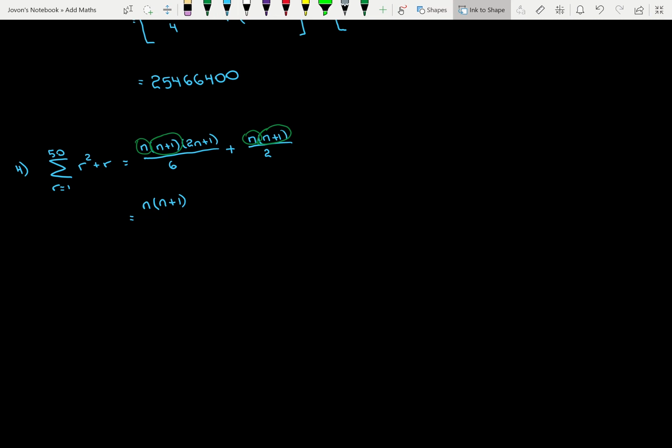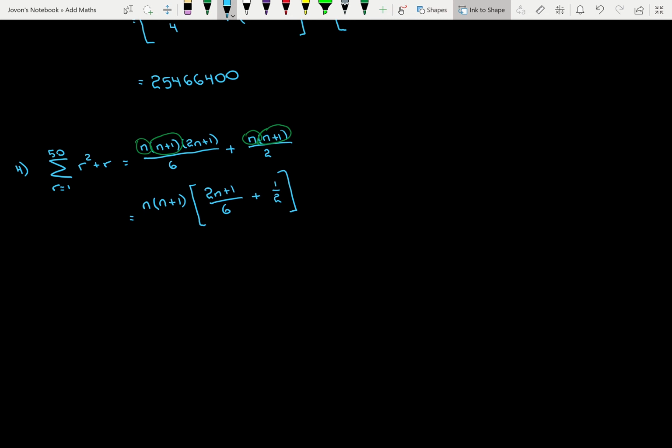We'll leave it in there and then we'll see how we could simplify it after. So it'll be n multiplied by n plus 1. If we factor out n multiplied by n plus 1, we'll get 2n plus 1 over 6, plus what we have here is a half, because we factored this out, so we just have 1 remaining there now.